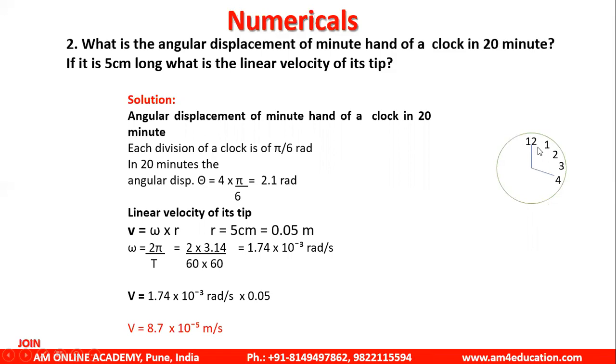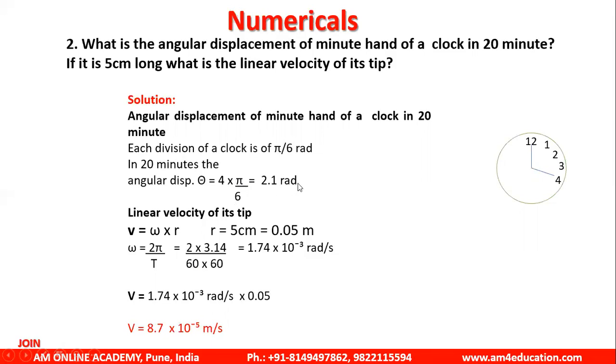Now here for 20 minutes, the hand has to cover 1, 2, 3, and 4 divisions. So the angular displacement of the minute hand in 20 minutes will be 4 times pi by 6 radian. If you substitute the value of pi, it will become 2.1 radian.